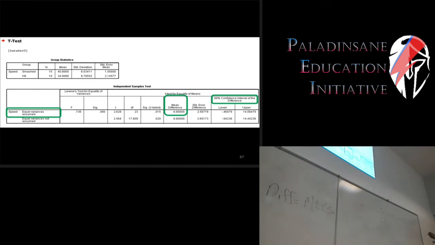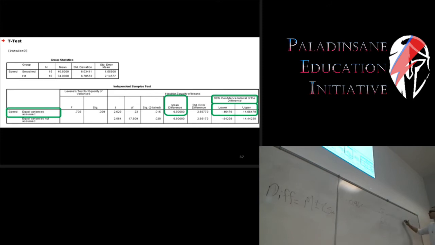The other information that we have now is this upper and lower bound. The lower bound is all the way down here at minus 0.46. So it could be that she overestimated her memory by minus 0.46 miles per hour, which means that she actually underestimated how fast she was going, or how fast she remembered.